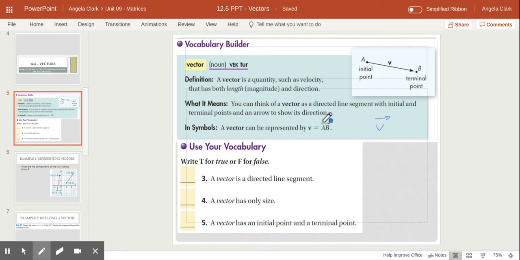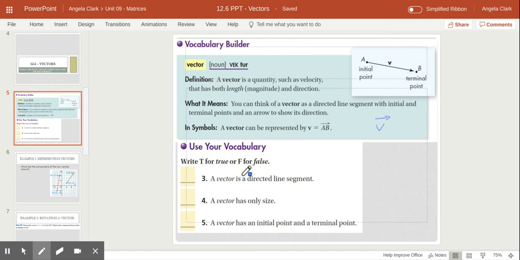So you're supposed to be able to say, okay, if it's bold, then it's a vector. But when I'm just writing, I can't make it bold. So I would just put a vector symbol on top. And then it's even more obvious that it's a vector, because who's paying attention to whether or not it's bold? So that's how I would write this, just V with an arrow on the top, because I'm given the letter V. If I'm not given the letter V, I would have to do AB with an arrow on top.